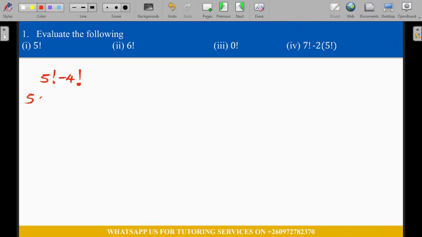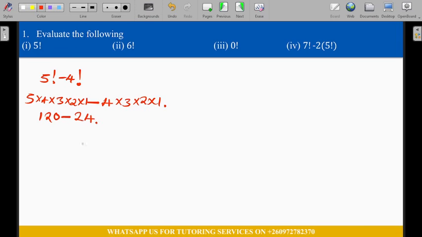You say 5 times 4 times 3 times 2 times 1, then minus 4 factorial, which is 4 times 3 times 2 times 1. Now 5 times 4, that's 20, times 3 is 60, times 2 is 120, minus 4 times 3, that's 12, times 2 we get 24.